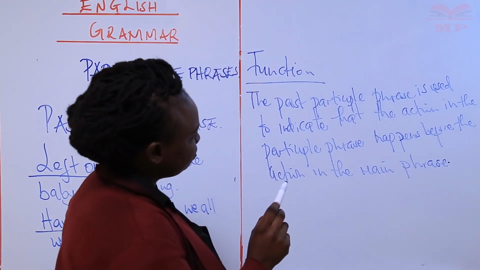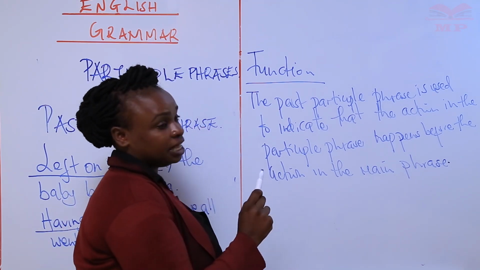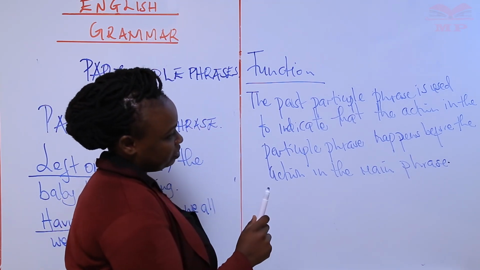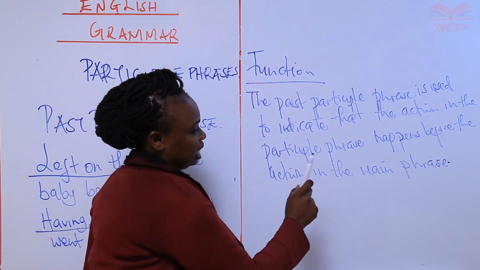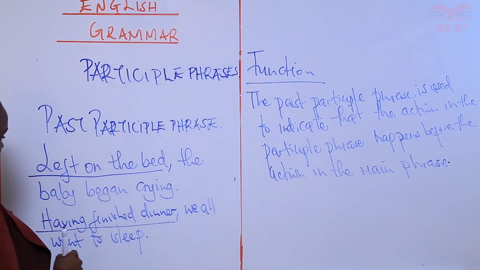So the past participle phrase is used to indicate that the action in the participle phrase happens before the action in the main phrase. Let's come back to our examples.